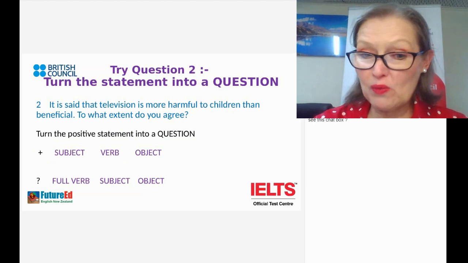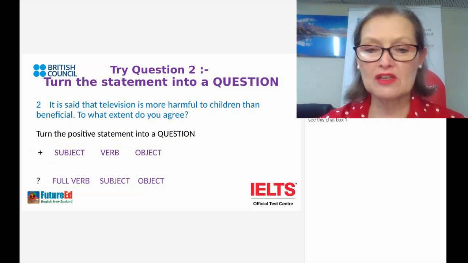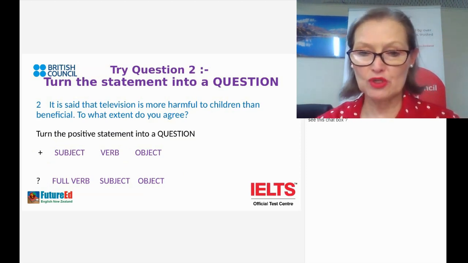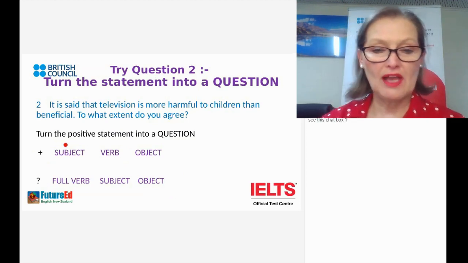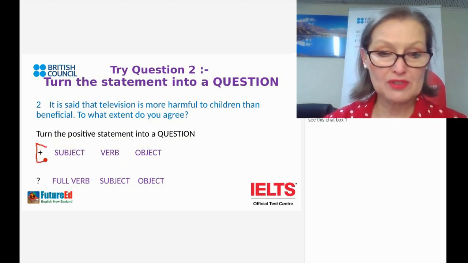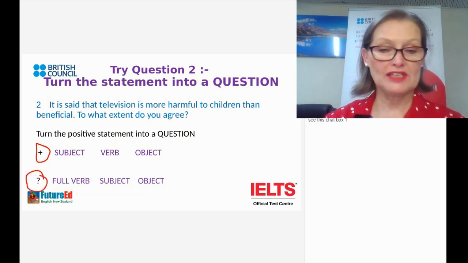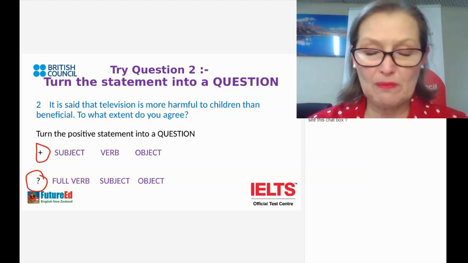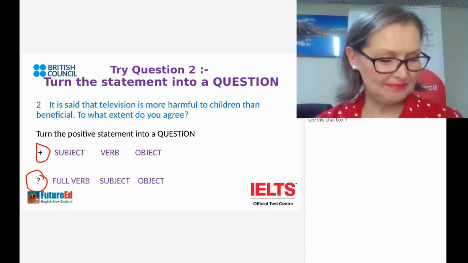This one's got a few more words, so I want you to narrow it down to subject, verb, object. And first of all, I want you to write the positive statement. And then I want you to turn the positive statement into the right question. I'm going to give you a minute or two to do that.